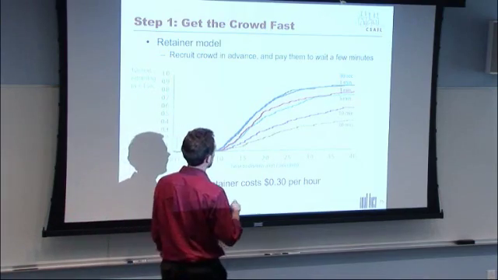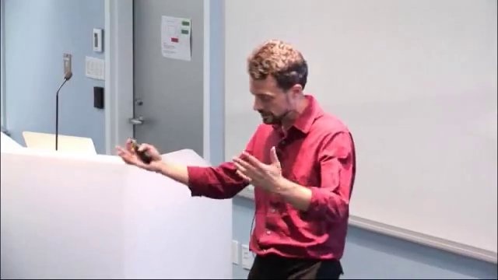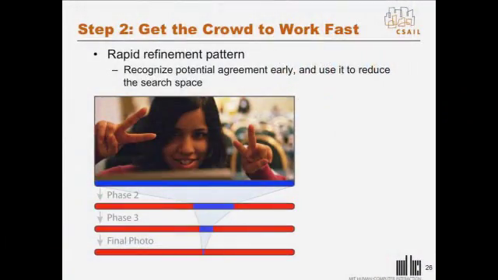So if you hire people for a 5-minute retainer and hire about twice as many, or at least initially hire about twice as many as you need, then you're probably going to have the right pool ready in 2 seconds. And we don't have to pay them very much because we're not actually asking them to do very much, just to stay in their seat for 5 minutes. And they can do other Mechanical Turk tasks in the meantime.